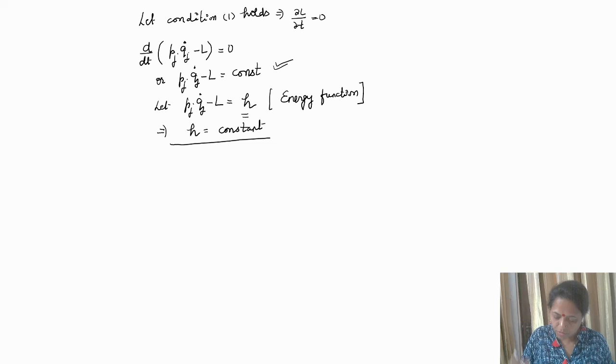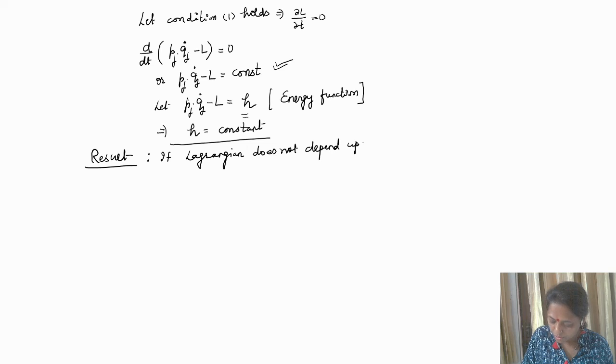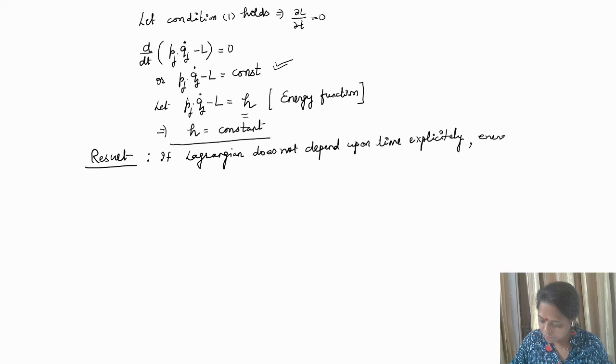When I write this in this form, this is also known as the first integral of motion, and you get one result: if the Lagrangian does not depend upon time explicitly, the energy function is constant.